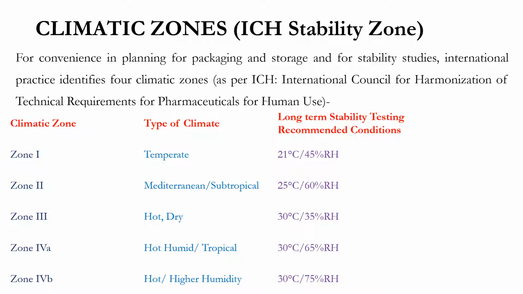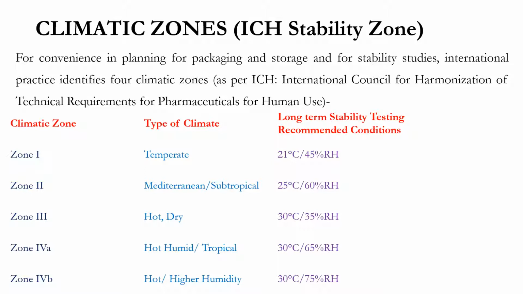If the particular drug is going to zone 2, then it is 25 degrees Celsius temperature and 60% relative humidity, that is subtropical or Mediterranean. In case of zone 3, hot dry, the recommended temperature is 30 degrees Celsius and relative humidity 35%.